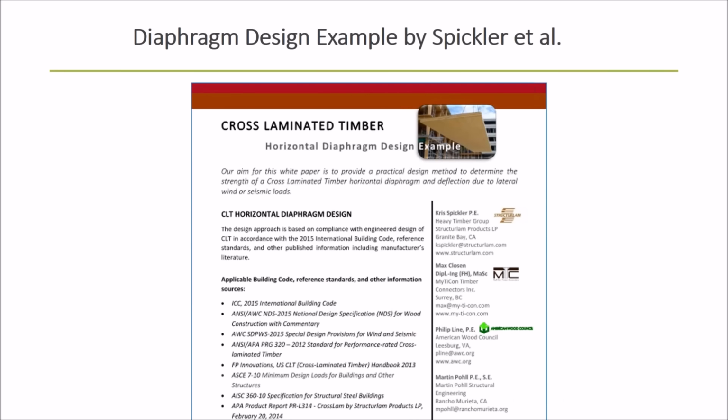Just starting on the connection aspect of diaphragms, there's a good document published by Chris Spickler and several other authors that really walks through a design example for CLT diaphragms. This is a great resource that walks through an approach to design these diaphragms.